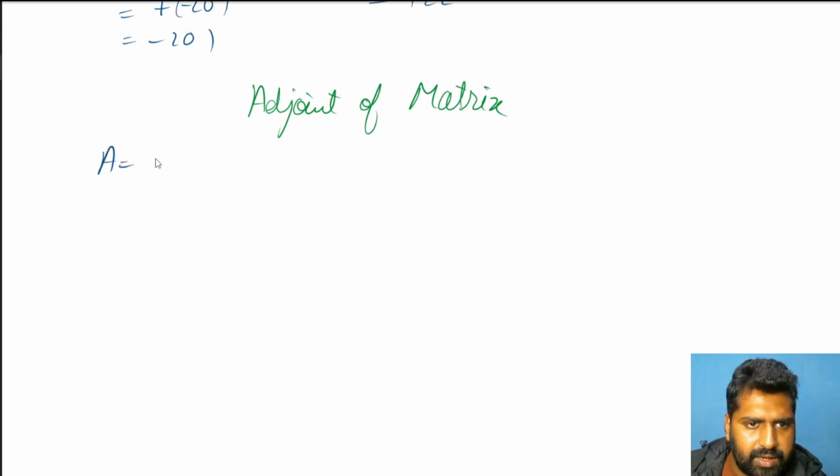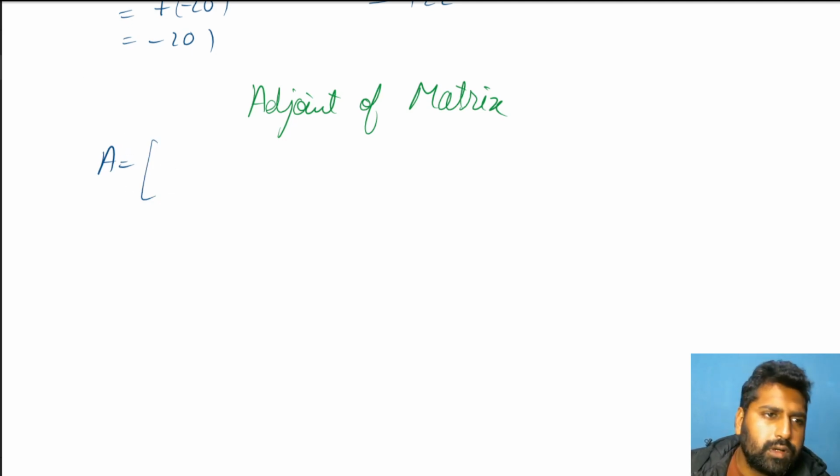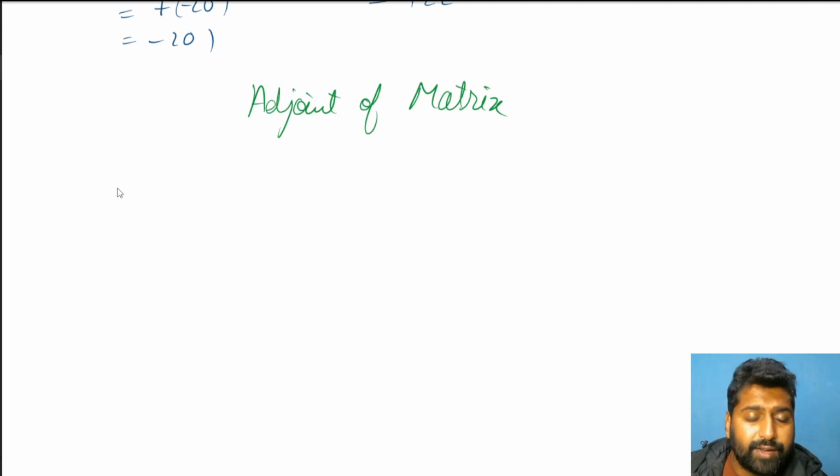Let's say A is your matrix. In order to avoid the confusion, because A represents your cofactors also, I'll take a matrix, let's say X matrix, and you have the elements a11, a12, a21, a22.